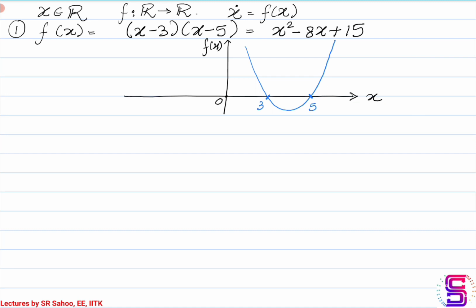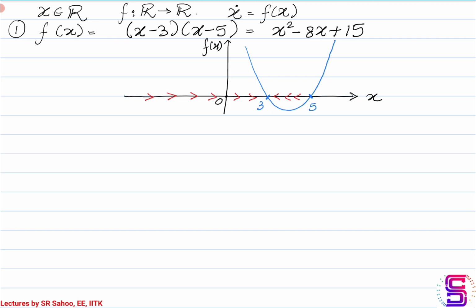Okay, so for all points to the left of 3, we'll have vectors which are essentially pointing towards 3, because f(x) has positive values for values less than 3, and f(x) has negative values for values more than 3 but less than 5. So for all points between 3 and 5, we'll have vectors pointing away from 5 but towards 3.